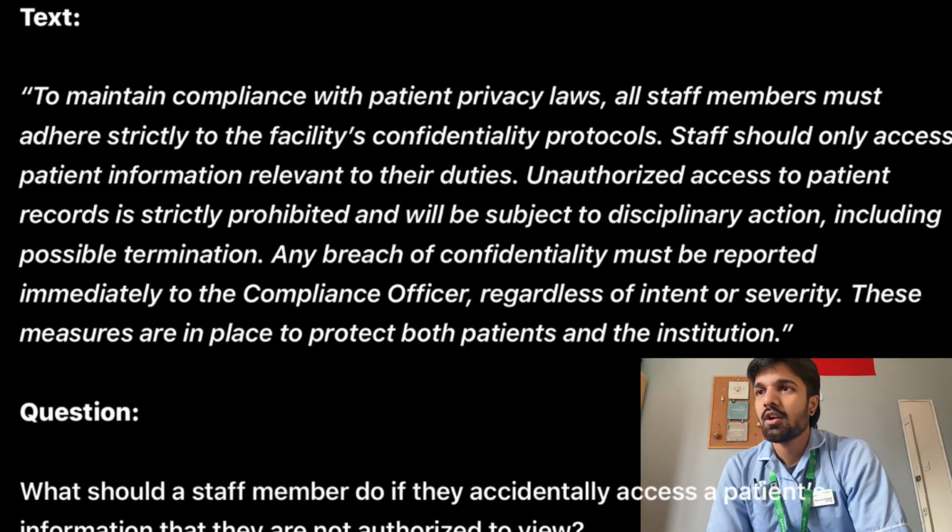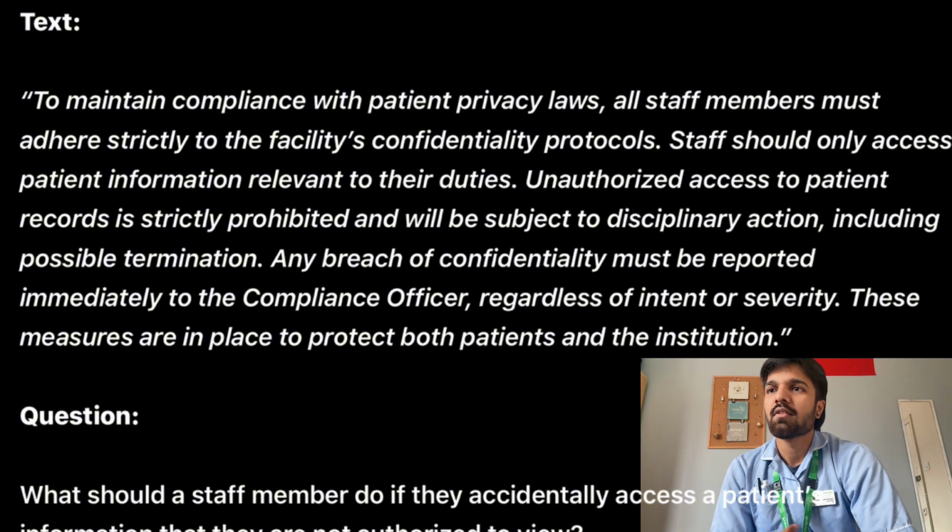So to maintain compliance with patients' privacy laws, all staff members must adhere strictly to the facility's confidentiality protocols. Staff should only access patient information related to their duties.